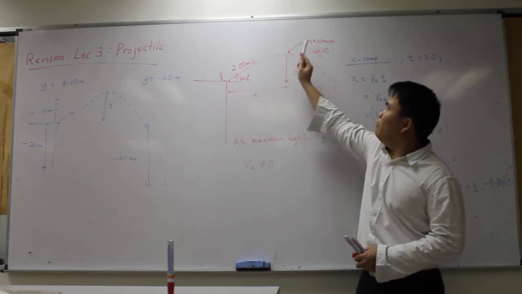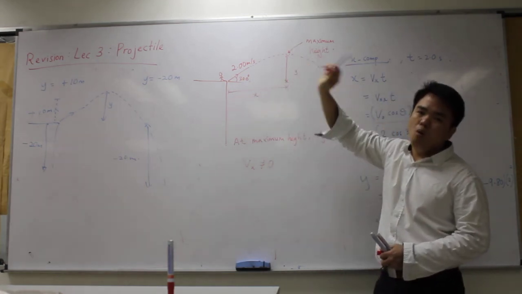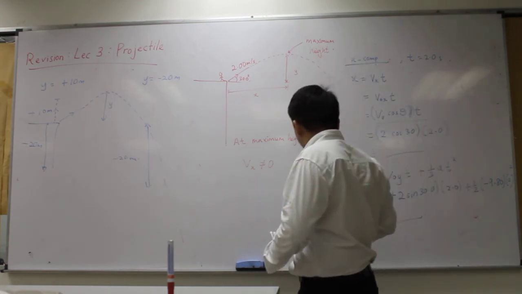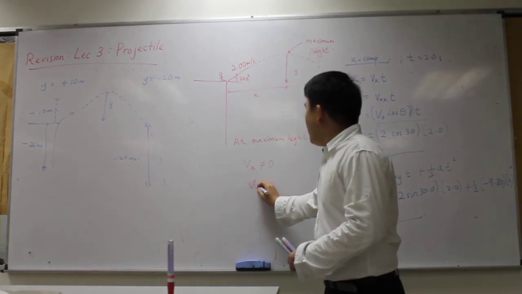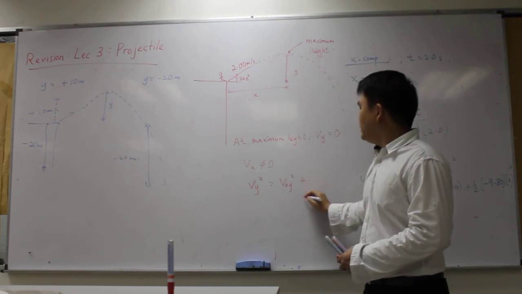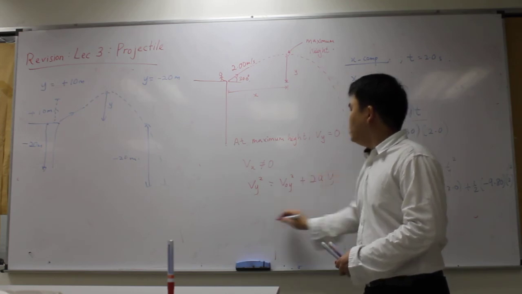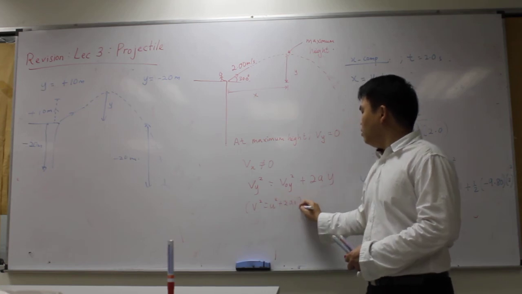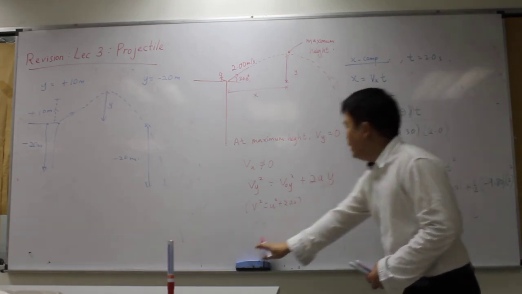Even at this point there is Vx, but no Vy. So Vy is 0, then you can continue to use Vy squared equals V naught y squared plus 2ay, compared to V squared equals u squared plus 2as. These two are equivalent. Then we proceed.